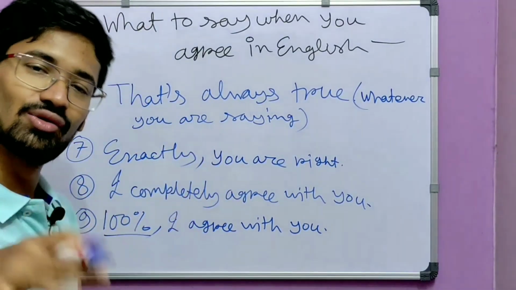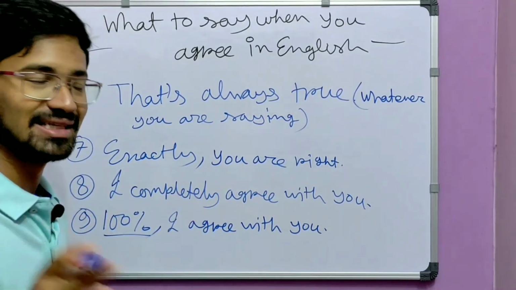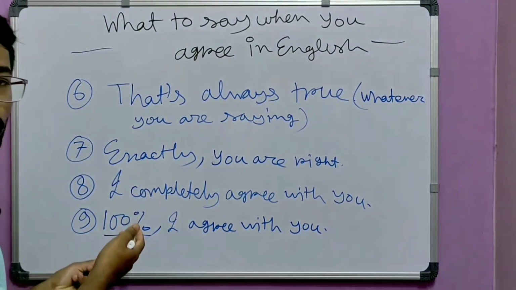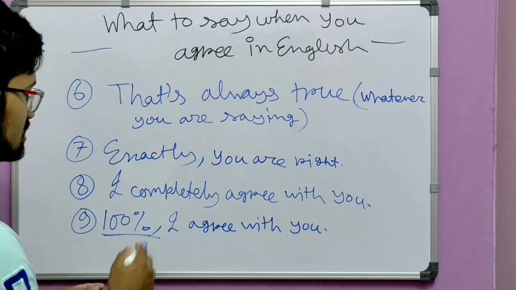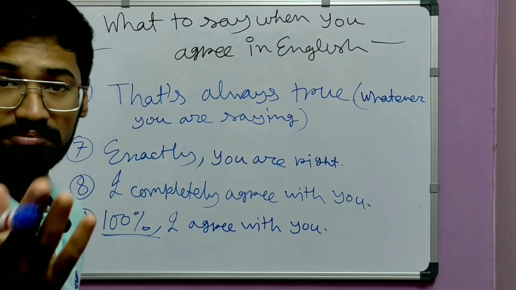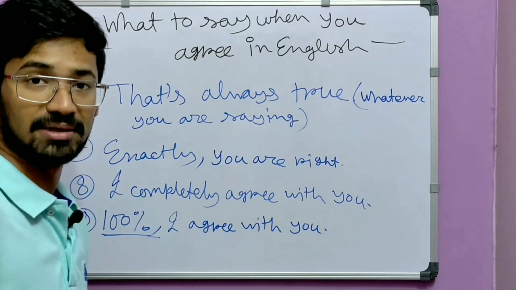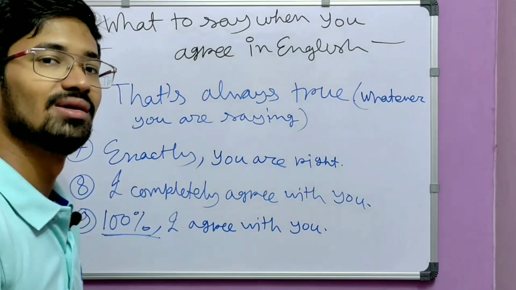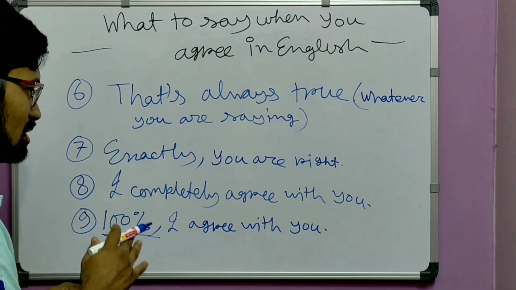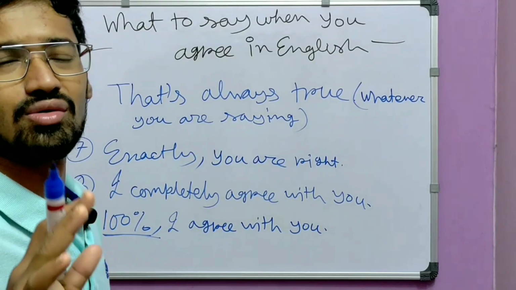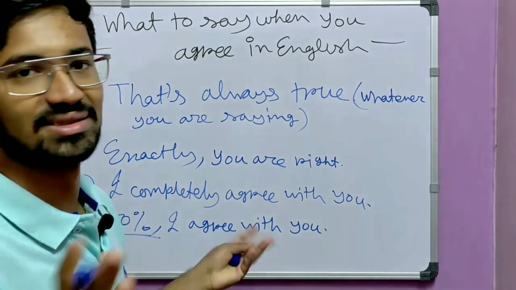So that's why you can use it easily. Just see, not a bombastic word, right? It is very simple. Just 100%. 100% I agree with you, or 100% I completely agree with you. So you have to play with words in English, that's it.